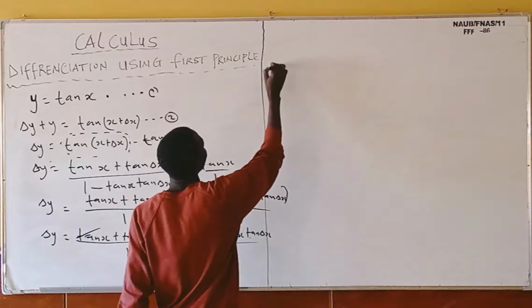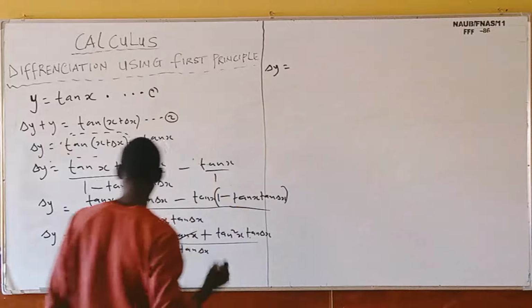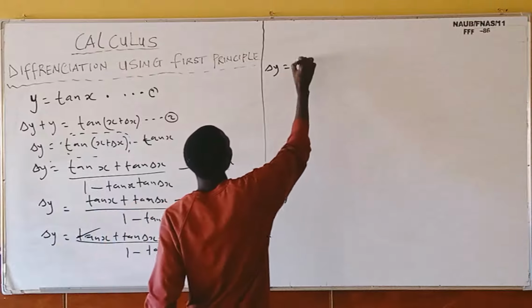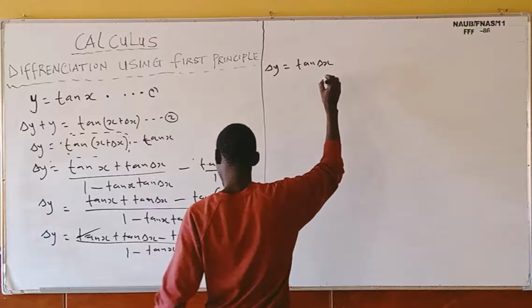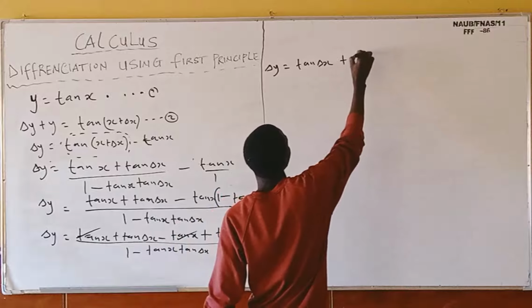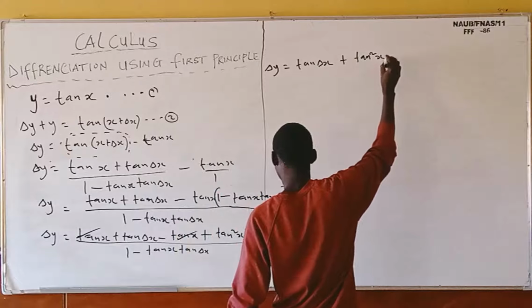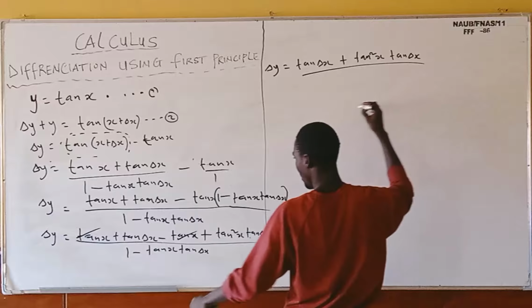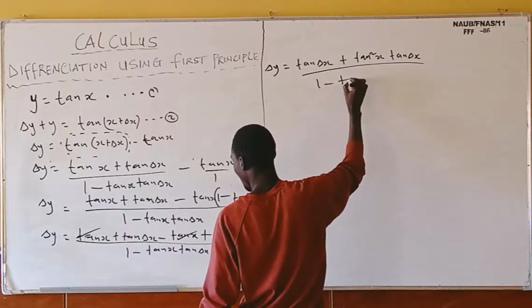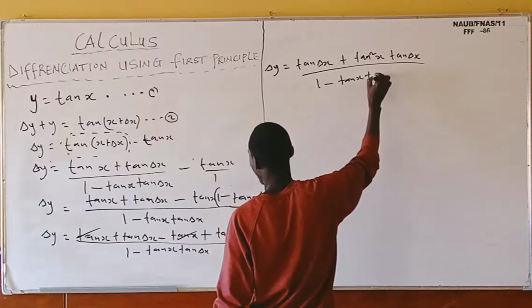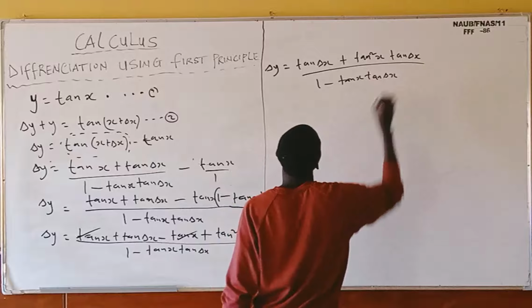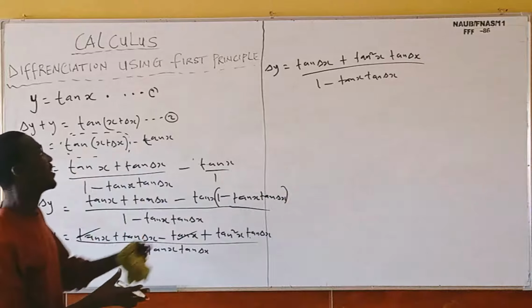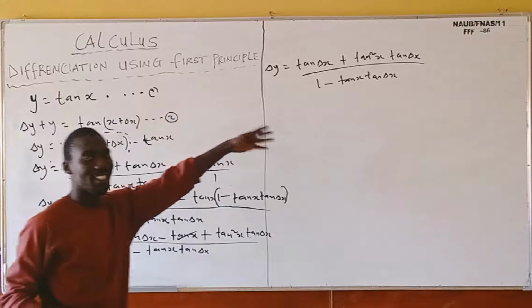So it means change in y will be equal to tan change in x plus tan squared x tan change in x all over 1 minus tan x tan change in x. Okay, so now the next thing is we are going to divide both sides by change in x.